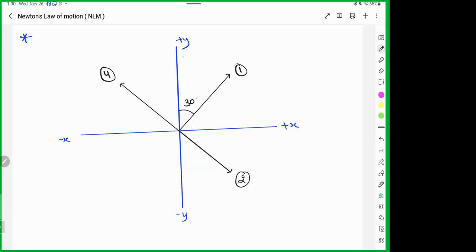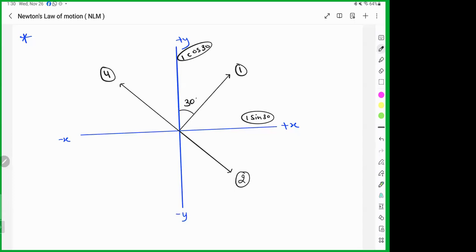So can we say here you will have 1 cos 30 and this will be 1 sin 30. Correct? Any doubt? Make sense? I made two components of this one, cos component and sine component. Done.